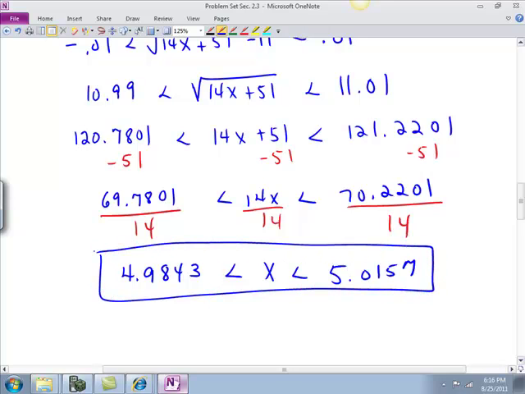Right here. Okay. And what was x sub 0? x sub 0 was 5. Then delta is what? What are we within on each side? 0.0157.